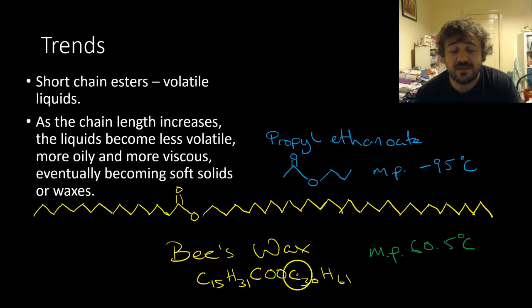And so beeswax here is quite a long one. It's C15H31COOC30H61, and it's got a melting point of 60 degrees, or 60.5. And that's quite a long chain there.